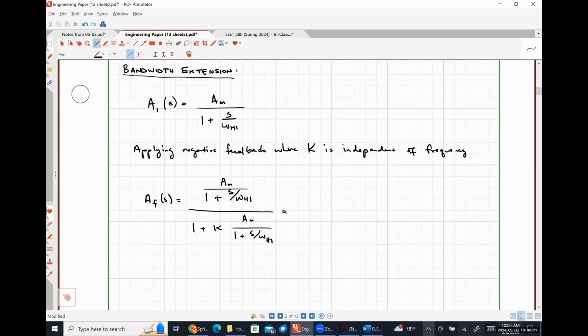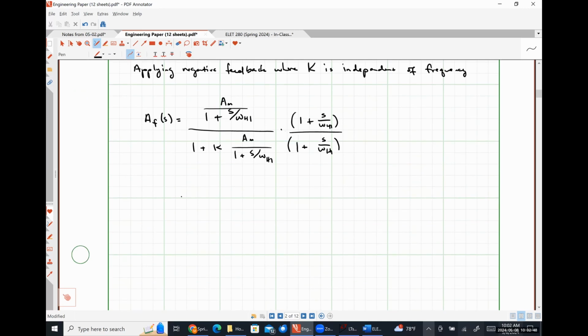If I were to multiply this by 1 plus S over omega high divided by 1 plus S over omega high, I would be clearing out those denominators, and what I'd be left with is AM divided by 1 plus S over omega high plus K times AM.